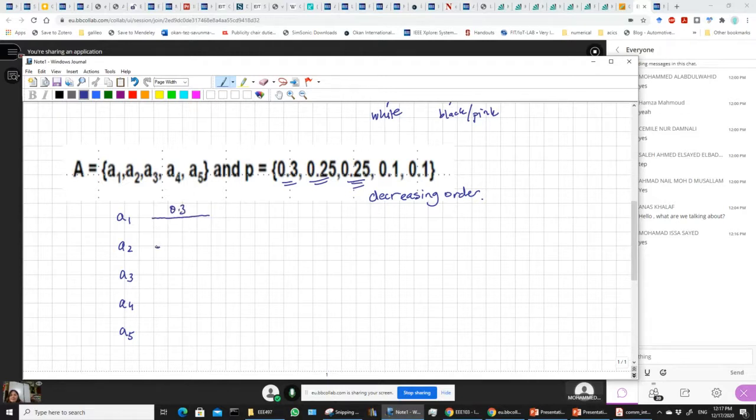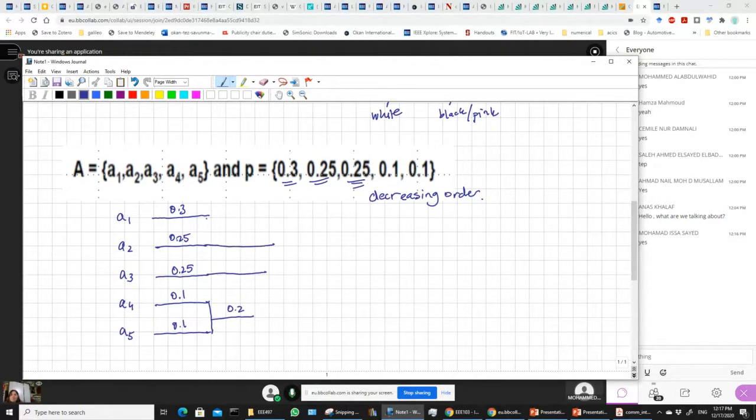0.3, this one was 0.25, 0.25, 0.1, 0.1. Now look at these. These are the smallest. Obviously, the first thing we'll merge is these two, and they'll be 0.2, right?